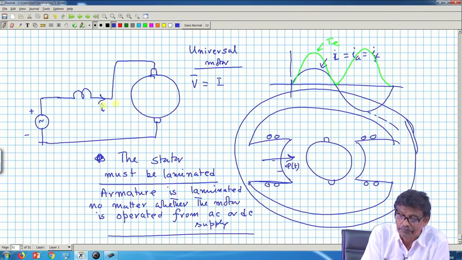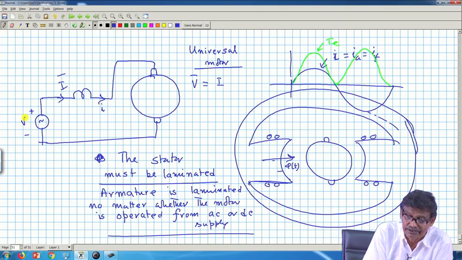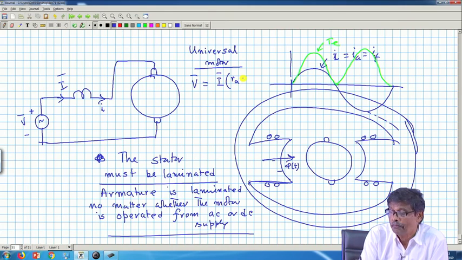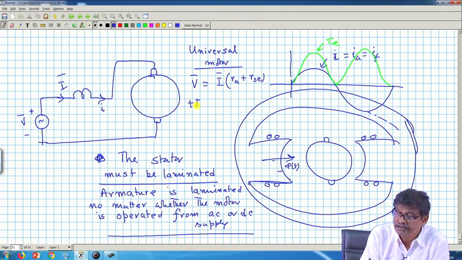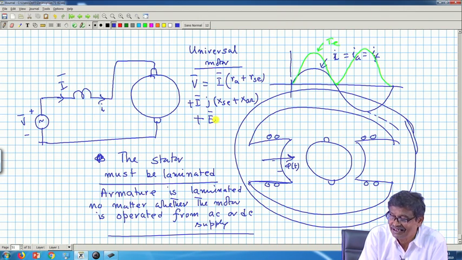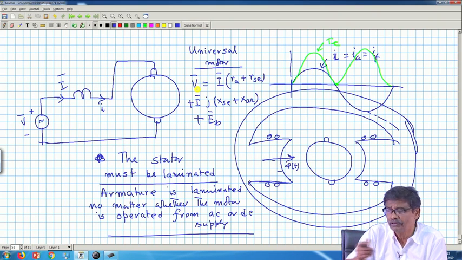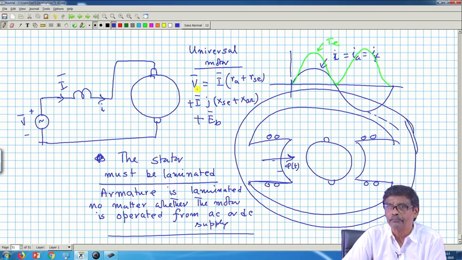Suppose the current drawn is I. In terms of phasor, I am just indicating how things will look: I R_AC plus I j X_AC plus I j X armature plus the back EMF. So, additional drops come in between. It will slightly reduce the performance of the machine. Earlier it was only resistive drop, but now reactance drop comes in.